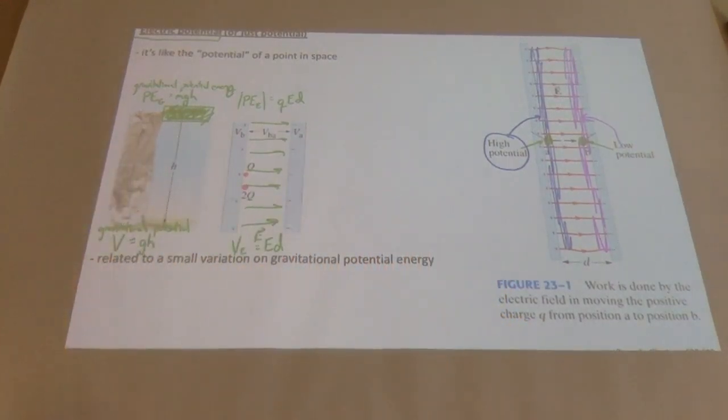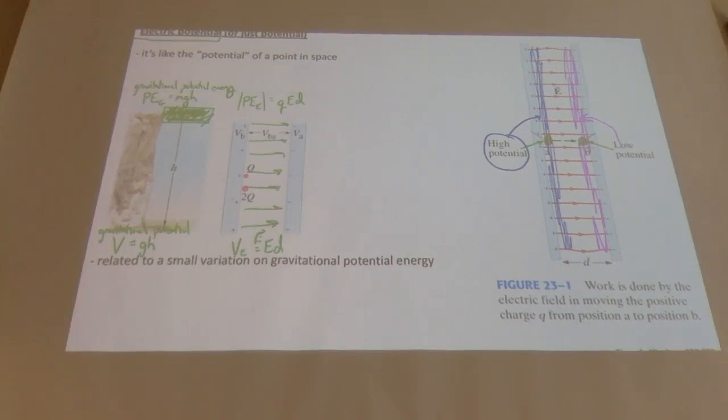The amount of energy a charge has depends on whether I put it into a higher potential area or a lower potential area. Just like the iPad can fall to the floor. This region has higher potential than regions right next to the floor. If I put the iPad here, it's going to have higher potential energy. And if I put it in a region of lower potential, it'll have lower potential energy.